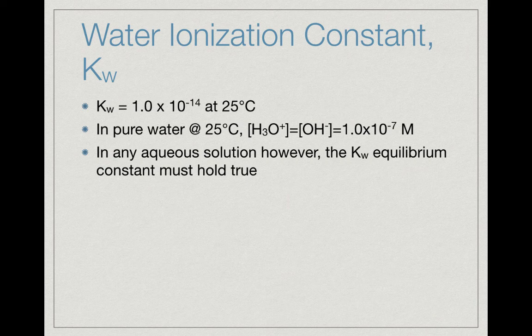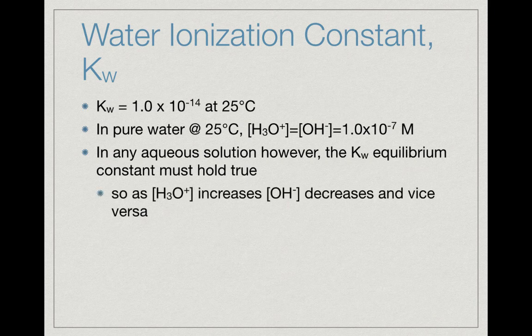Now again, in any aqueous solution, the Kw equilibrium constant value must hold true, which means that your hydronium times hydroxide has to equal the value for Kw. So as the hydronium increases, the hydroxide decreases, and vice versa. We can use our hydronium and hydroxide ion concentrations to determine if a solution is acidic, basic, or neutral.